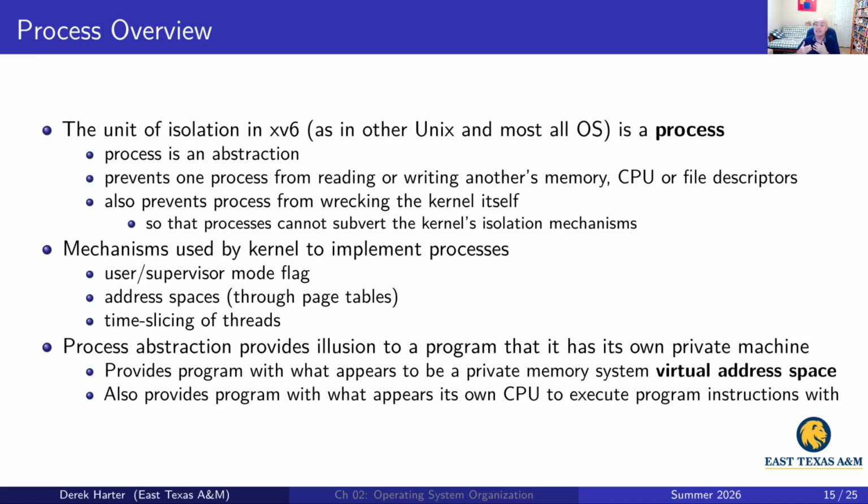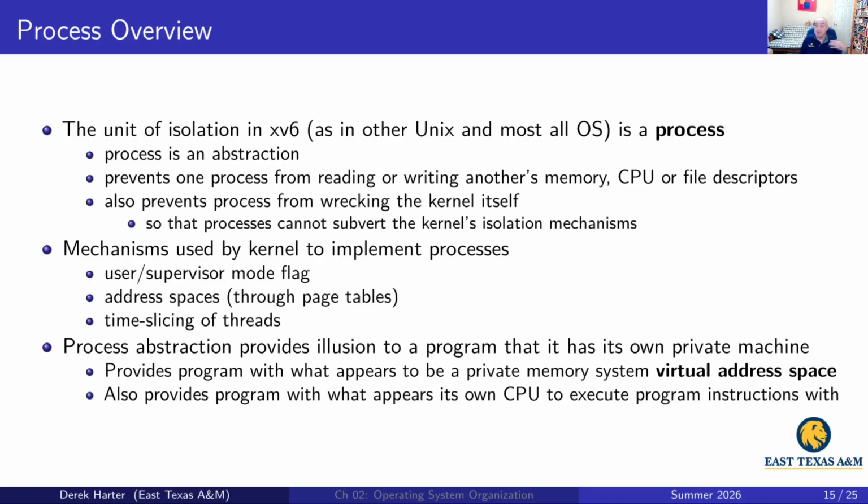It's the one that prevents one process from reading or writing another's memory, messing with another's CPU or file descriptors or anything like that. So the process abstraction is how we set up isolation and protection mechanisms between the various entities that we want to be running simultaneously and using the hardware successfully, and keep them from interfering with one another.